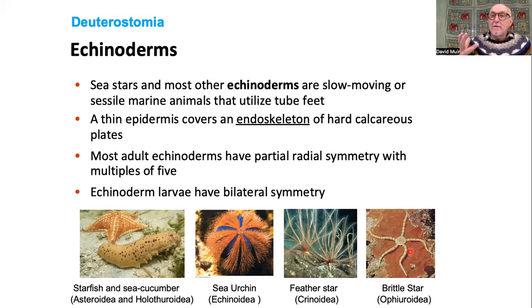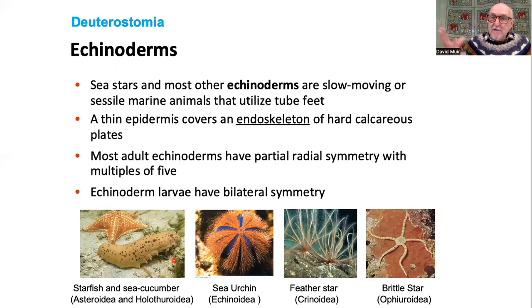They show some other similarities. They have some other derived features amongst all of them. And the most important of these, quite apart from their pentamerous symmetry, is the fact that they use a special locomotory organ, which is unique to the echinoderms, called a tube foot.